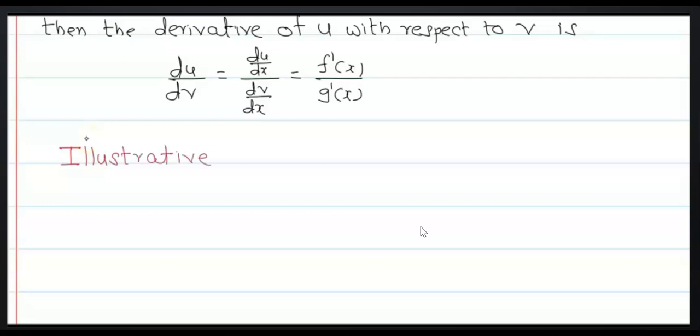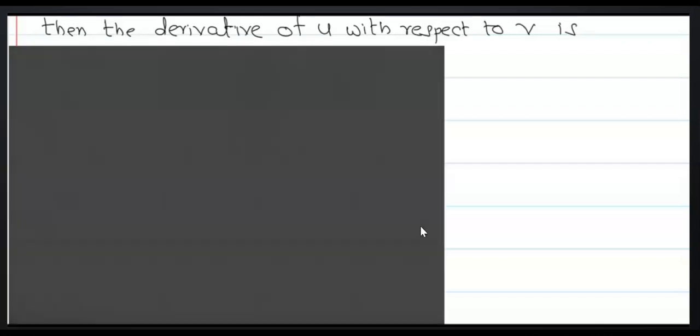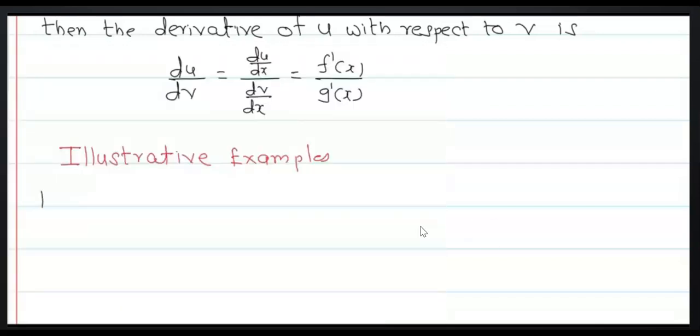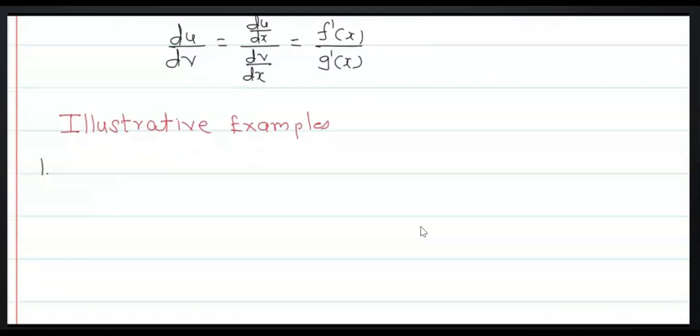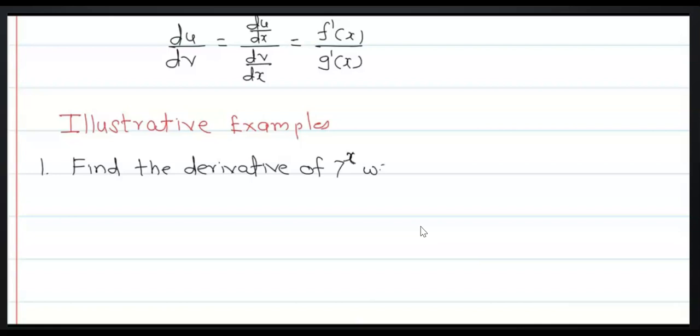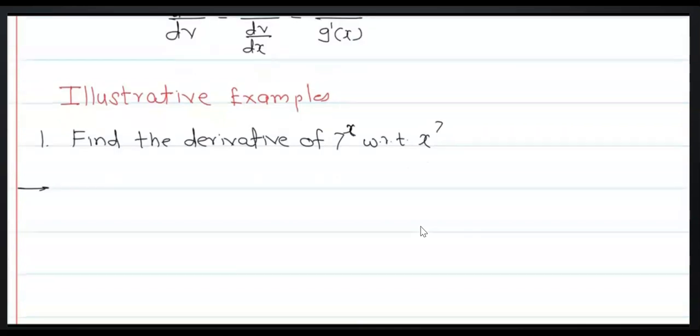Now the illustrative examples. Find the derivative of 7 raised to x with respect to x raised to 7.